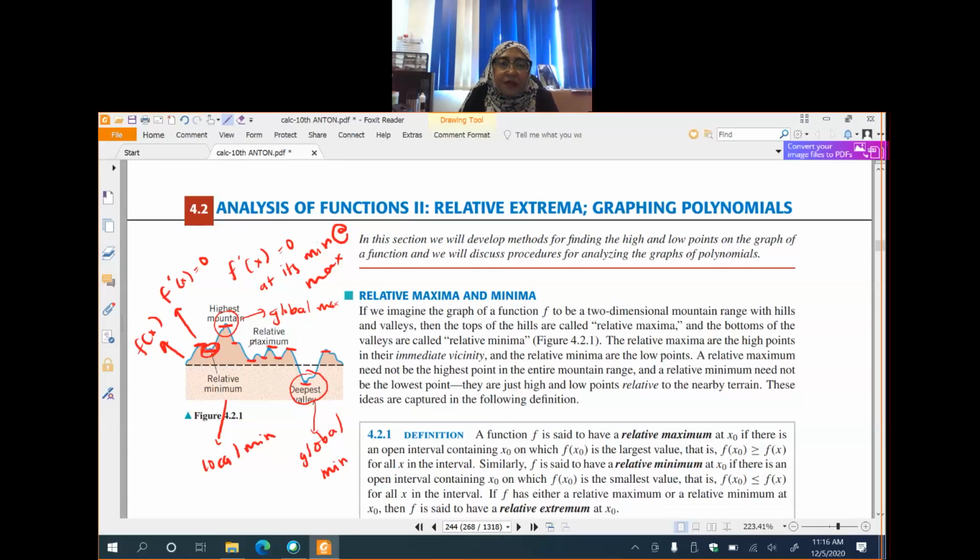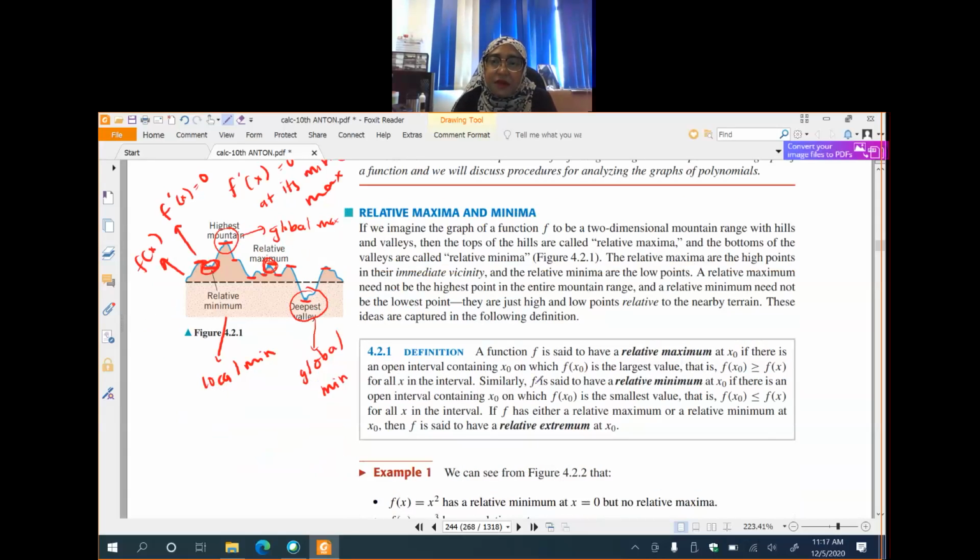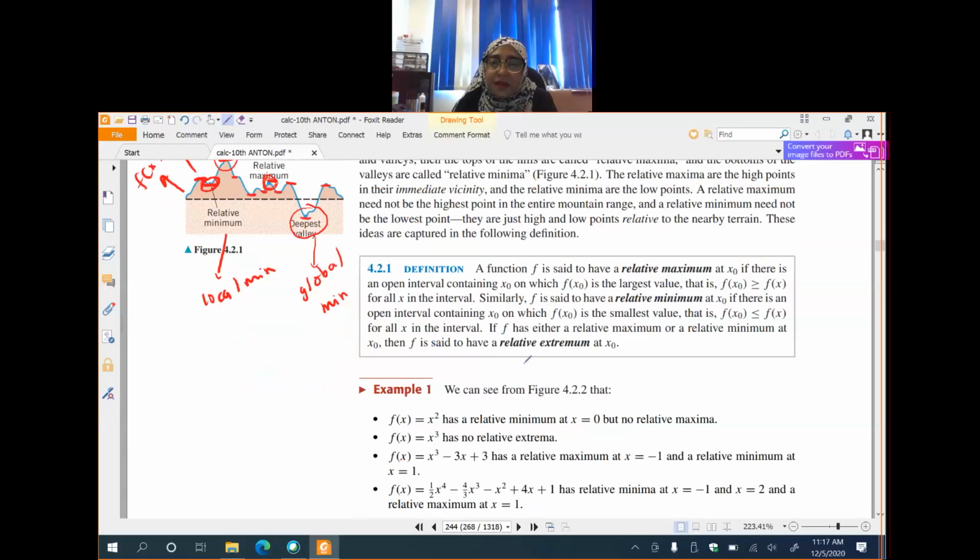So let's say this one, relative maximum. It means that amongst this neighborhood, this point here is the maximum. We don't compare with the highest mountain, no. We just compare with its neighborhood only. So that is the definition for the relative maximum or relative minimum.